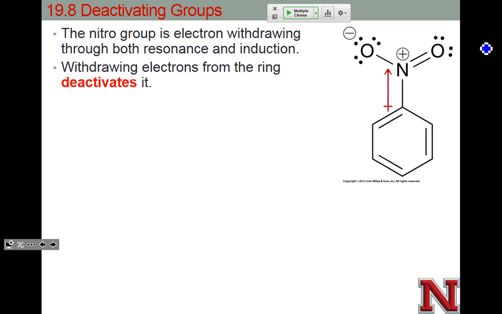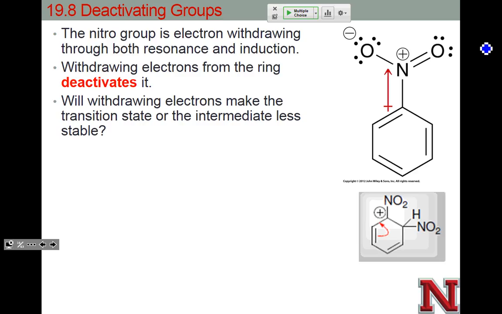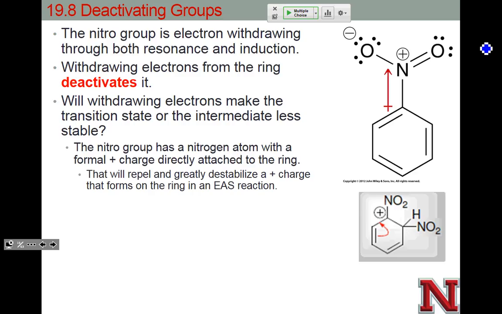This is why we can't do alkylation or acylation with electron withdrawing groups present, because the alkylation and acylation is not electrophilic enough. With withdrawing electrons, it's going to make our intermediate less stable. Does that mean we can't do the reaction? Well, we can't do acylation and alkylation, but we can do our other reactions with it just fine. But it will be slower.